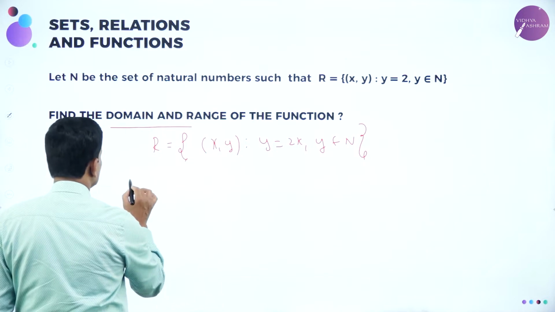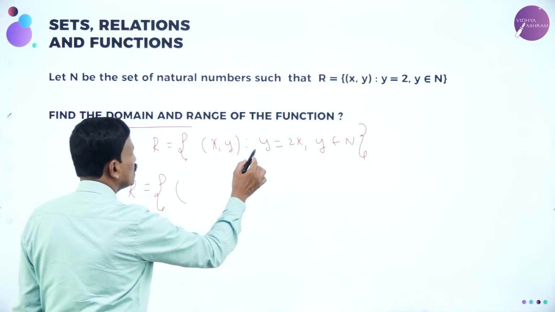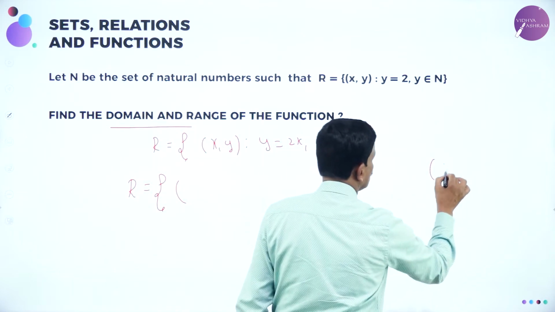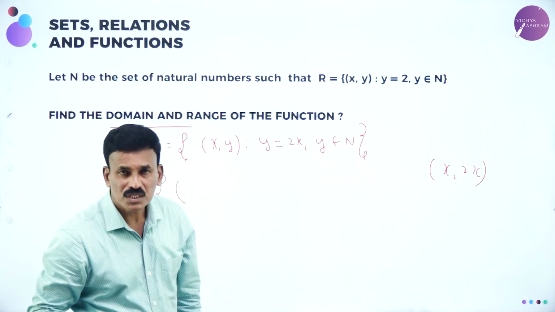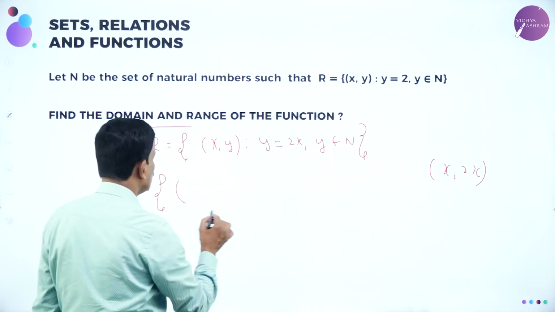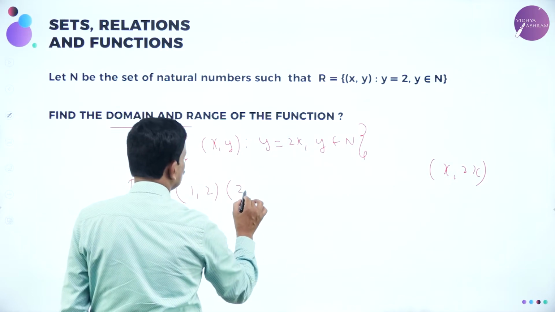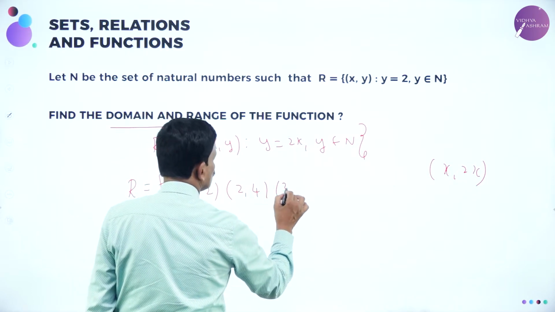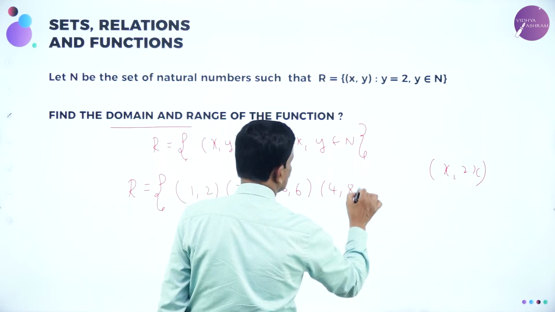Now here the elements of R we are going to get, what is given here? y is equal to 2x, that means (x, 2x), where x are the elements of the set of natural numbers. If you take x equal to 1, 1 into 2 is 2. If you take x equal to 2, 2 into 2 is 4. x equal to 3, 3 into 2 is 6. Again 4, 2 into 4 is 8, like that.